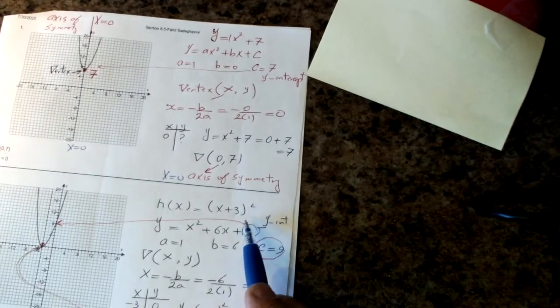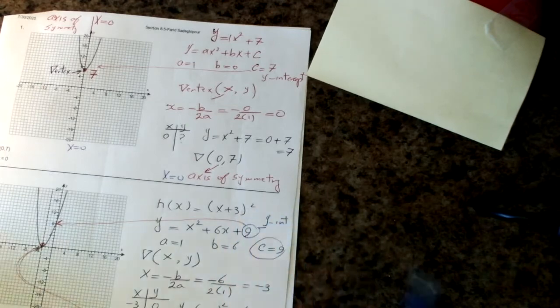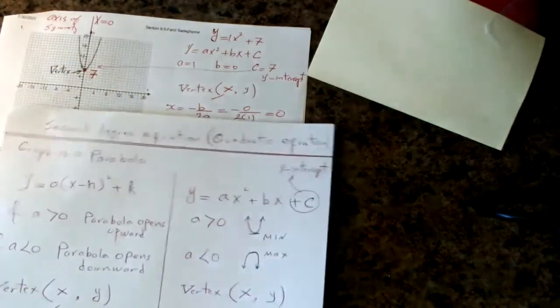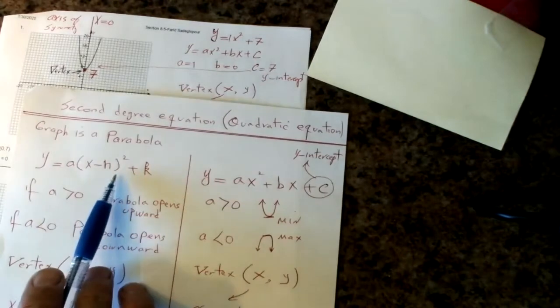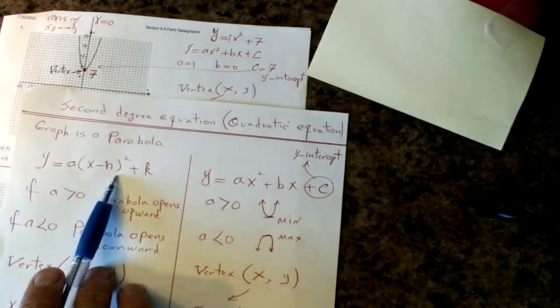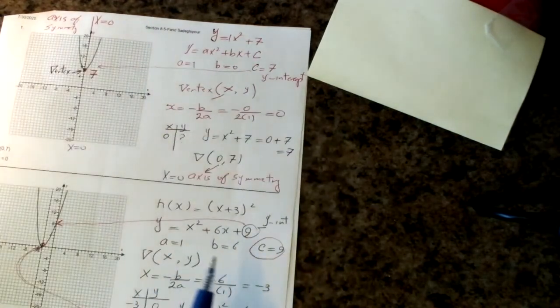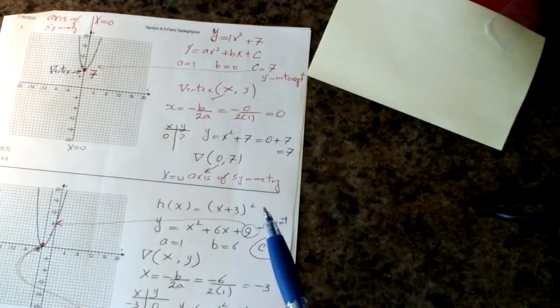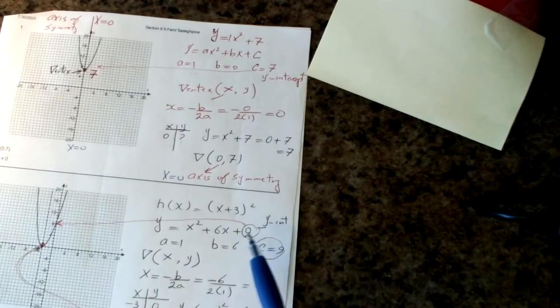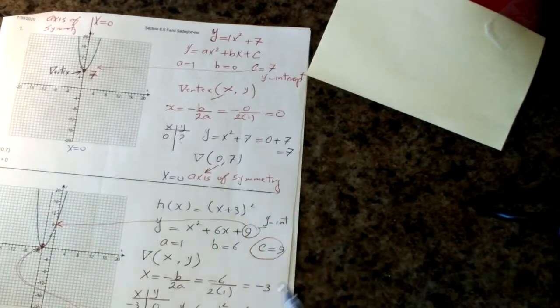Now this one, look at the equation. It's parentheses to the power of 2. So that reminds me of these equations, okay? You could either do that, or you could just take x plus 3 and raise it to the power of 2.